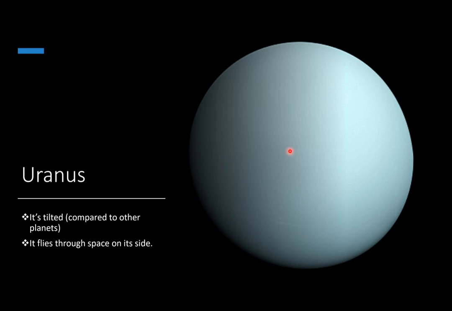Say we have our planet spinning on a central axis that goes up and down like that. That's a normal planet, and it spins around in this direction.